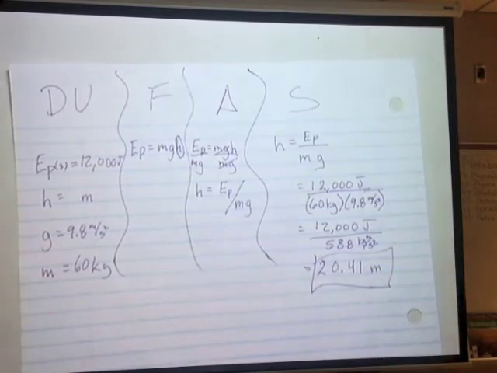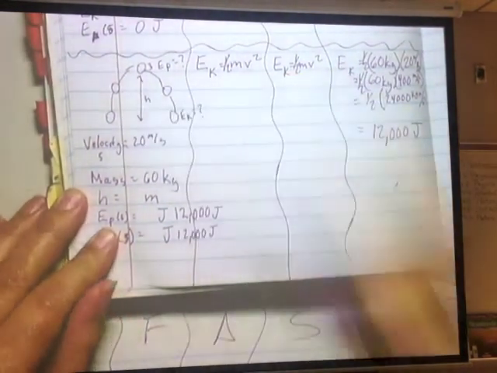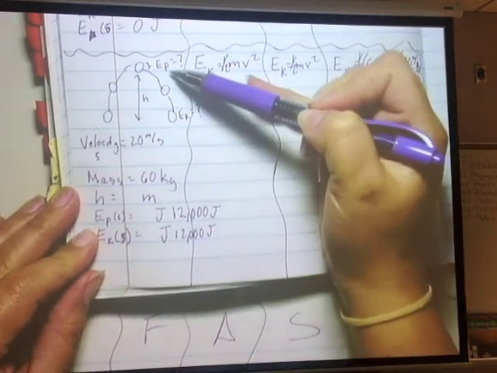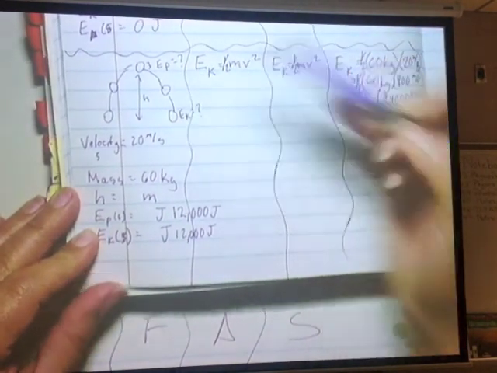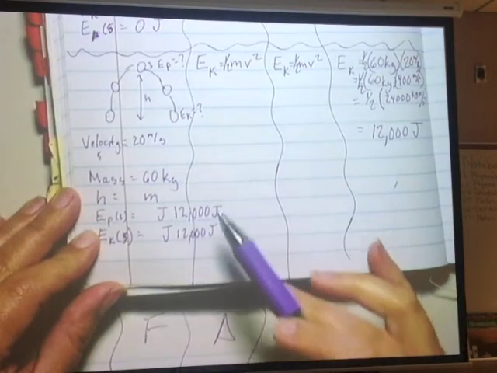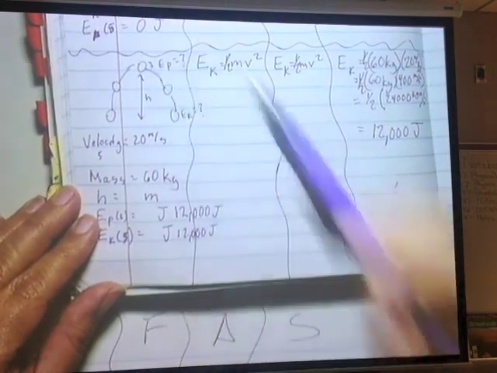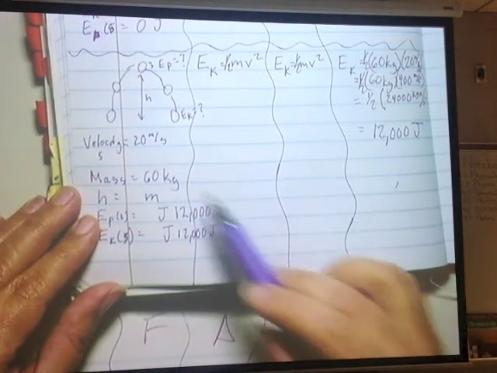So now, by doing that, in this problem where you had several things missing, you found out kinetic energy with the formula, which was 12,000. Because of the law of conservation of energy, you know that potential energy at point 3 is 12,000.